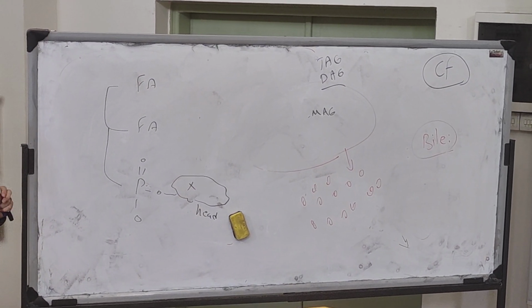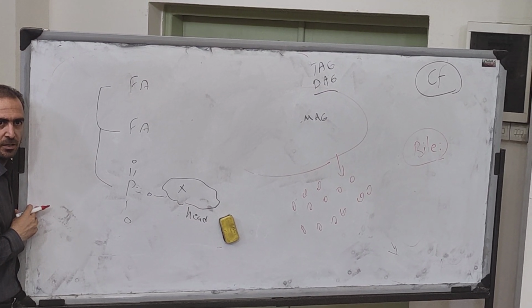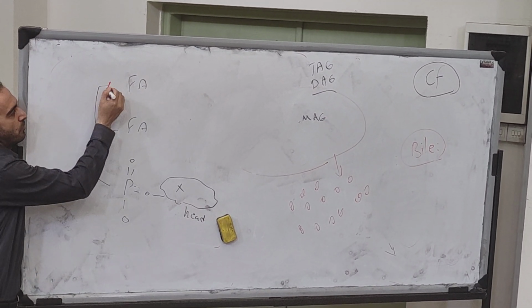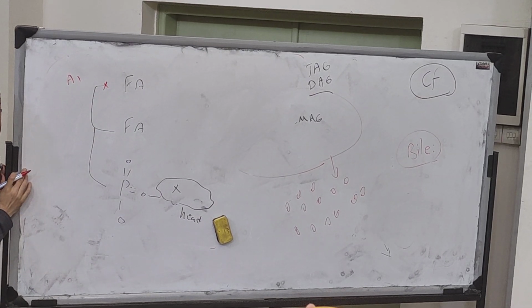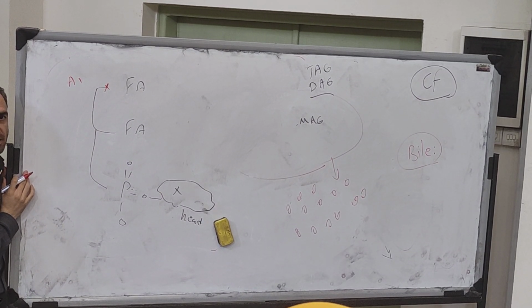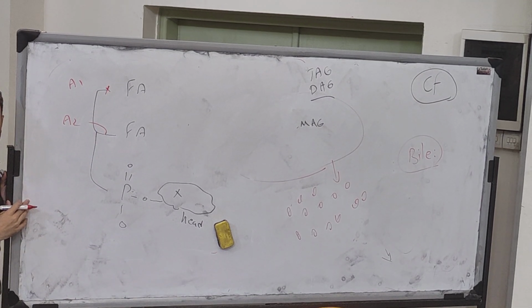We have 4 kinds of phospholipase. Can you remember them? Phospholipase A1 acts on this side. Phospholipase A2 acts on this side.